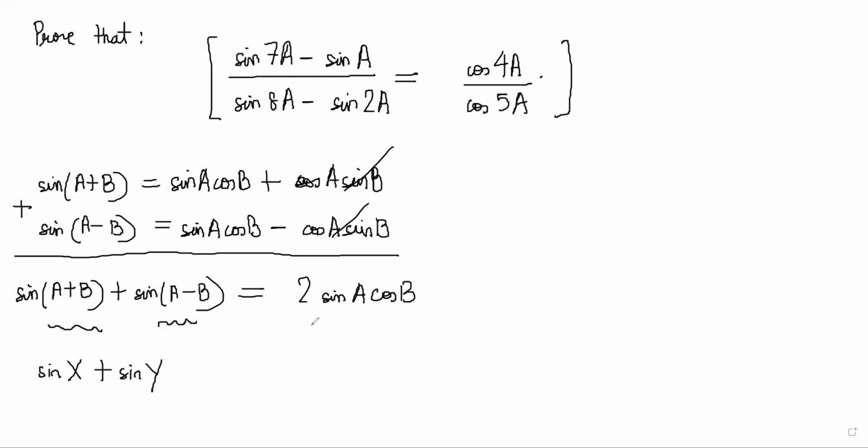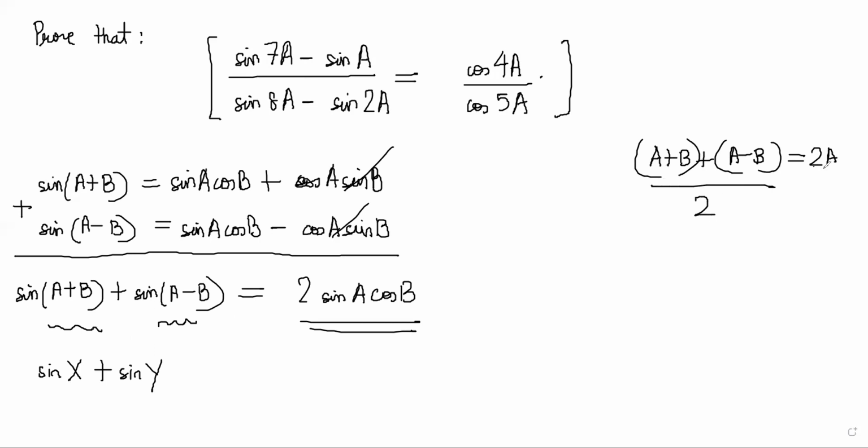So what is a + b plus a − b? It gives you 2a. If you divide by 2 here, you'll get a. Notice that this a is basically the sum of these two divided by 2.